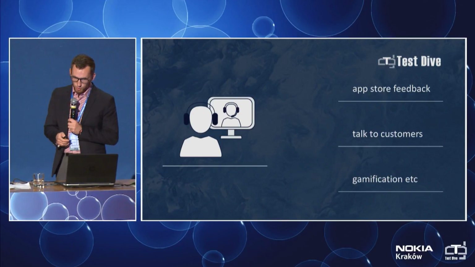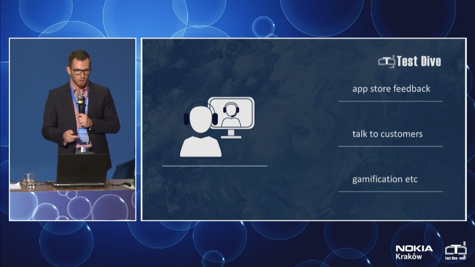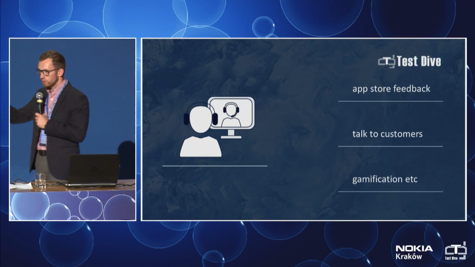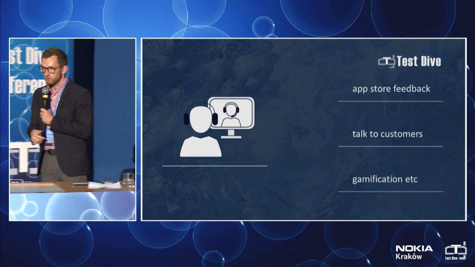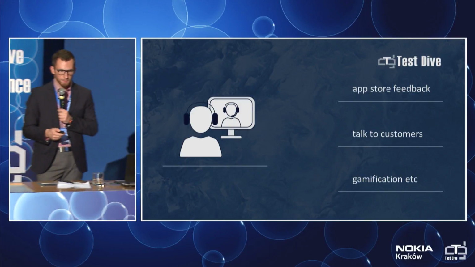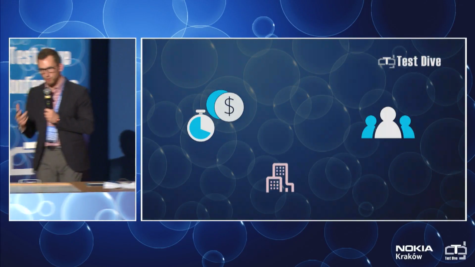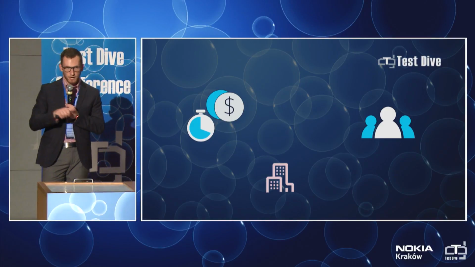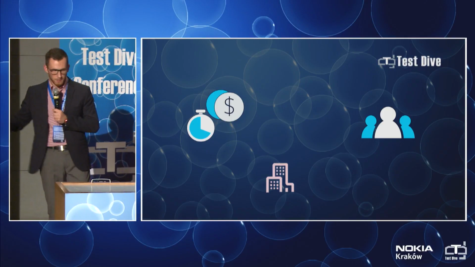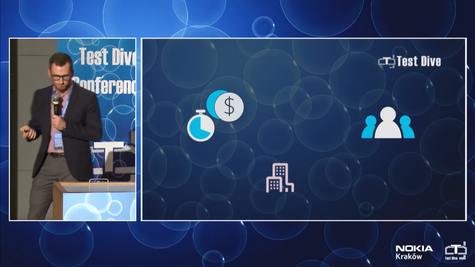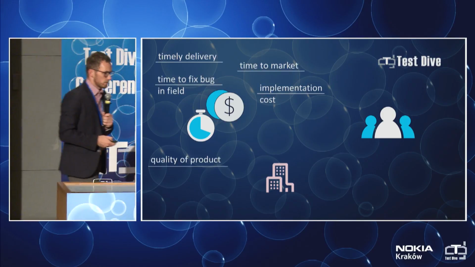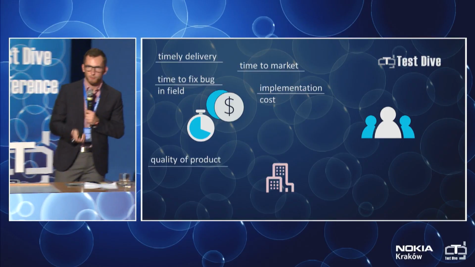So to sum up, if I was to put what the most important non-technical factors are, there are three things here. One is money, or time equals money. There are the people, and there is the company itself. So the question is, how timely can you deliver?